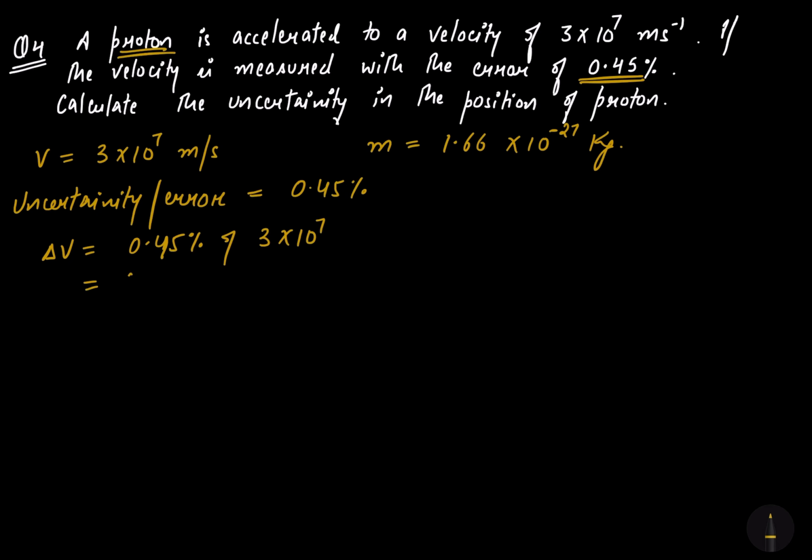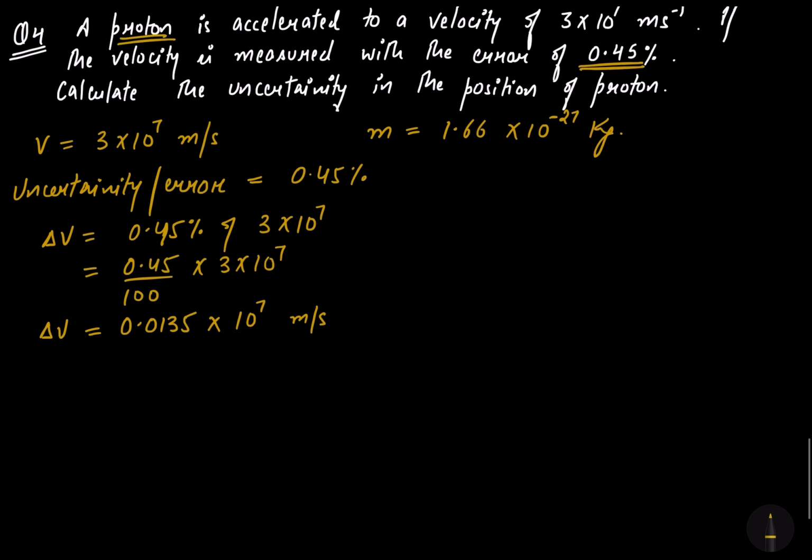It comes out to be 0.45 divided by 100 into 3 into 10 raised to the power 7, and the value of delta v comes out to be 0.0135 into 10 raised to power 7 meters per second.